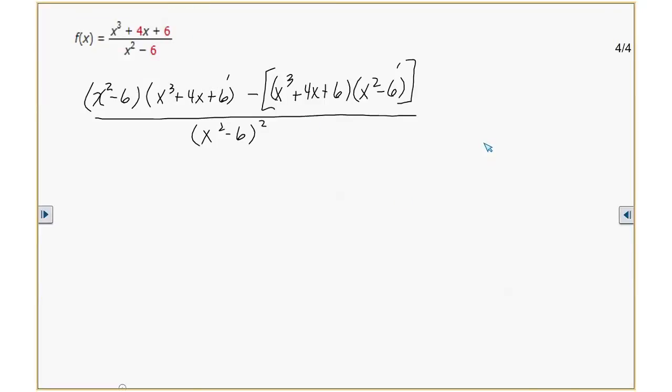That's going to give us x squared minus 6. What's the derivative of this? 3x squared plus 4? Yes, Hubert. Thank you, class.